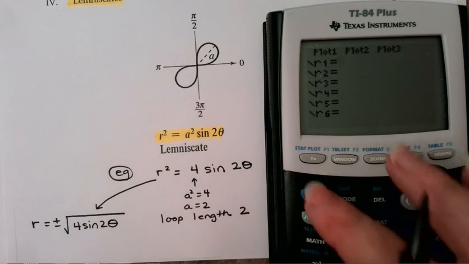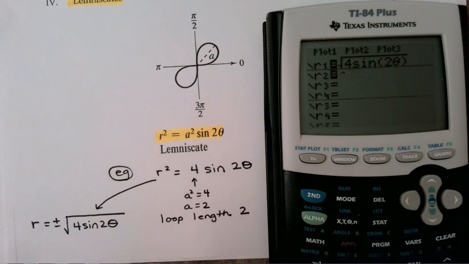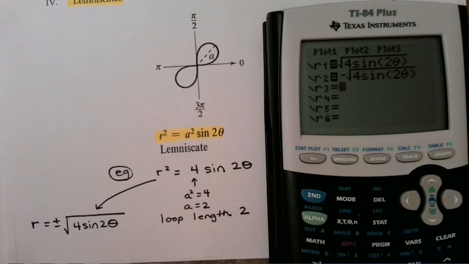So I'm going to have to graph both the positive square root of 4 sine 2 theta and the negative square root of 4 sine 2 theta. By graphing both of them, I should get the whole picture.